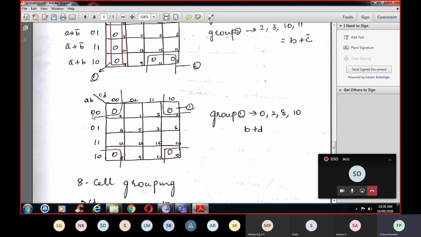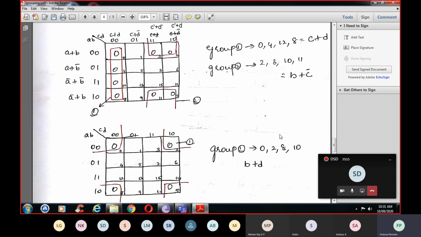So this is A plus B, this is A bar plus B. So what is not changing? Again it is B. That is B is common. I'll write B. And it corresponds to the first column and the last column. This is C plus D, this is C bar plus D. So again, D is not changing. So I will write plus D.